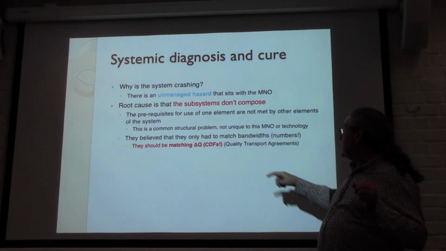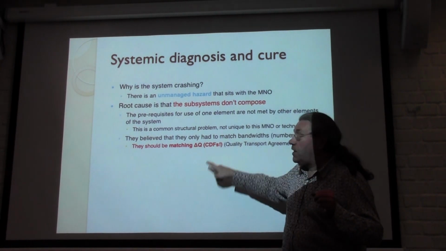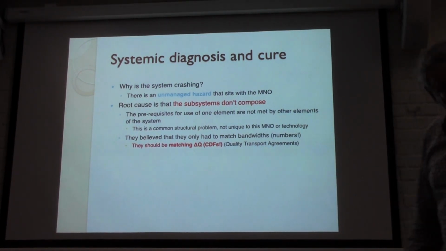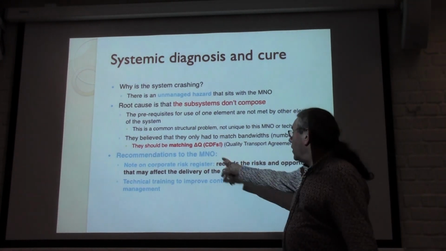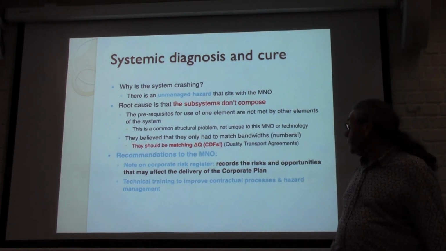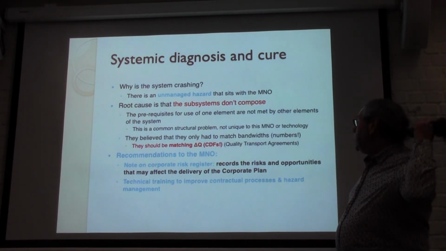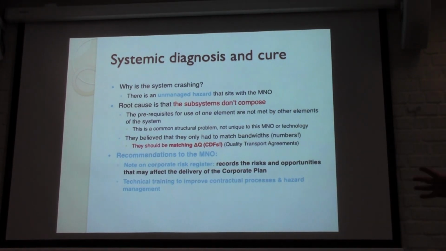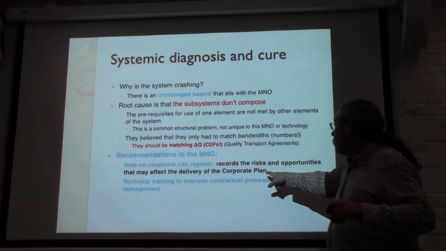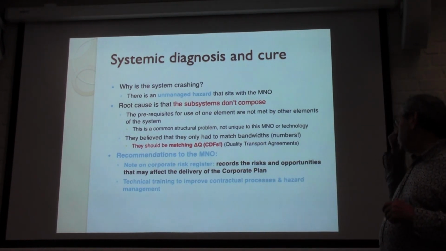This is what's called a quality transport agreement. But they were not doing that, and it was not specified either. So Pinsal then explained that and made recommendations to the MNO. Each big company has what's called a corporate risk register, which keeps track of risks and opportunities that may affect the corporate plan, so what they want to do.